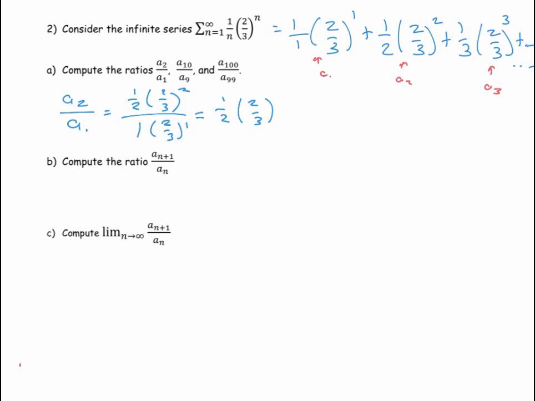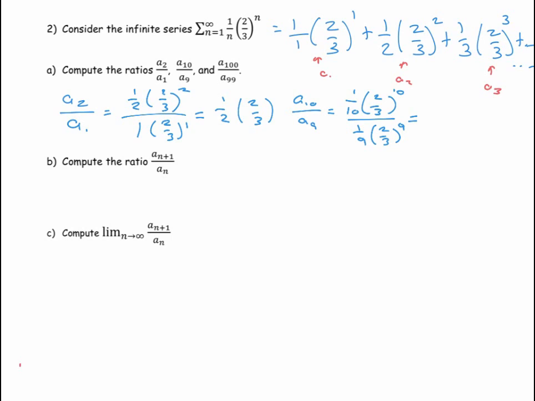Similarly, if we did the 10th term divided by the 9th, I'll get 1/10 times 2/3 to the 10th divided by 1/9 times 2/3 to the 9th. If you think about what cancels, the 2/3 will cancel and there'll be one 2/3 left at the top.